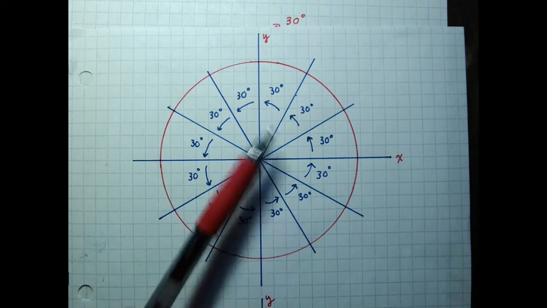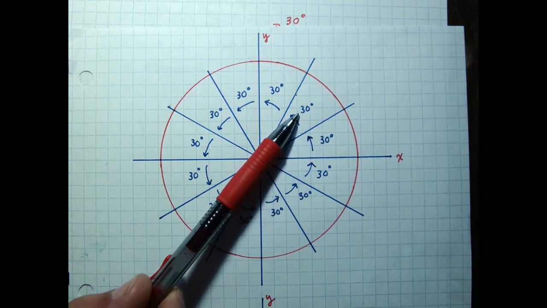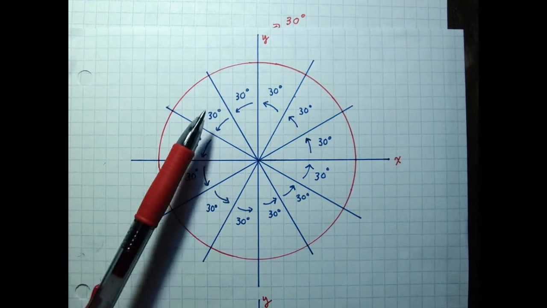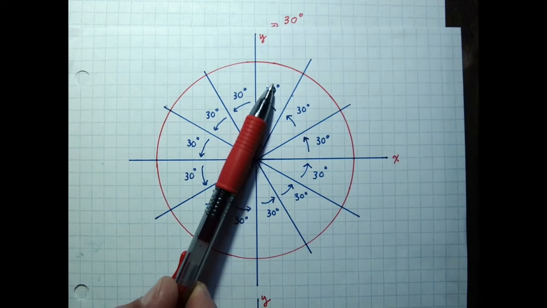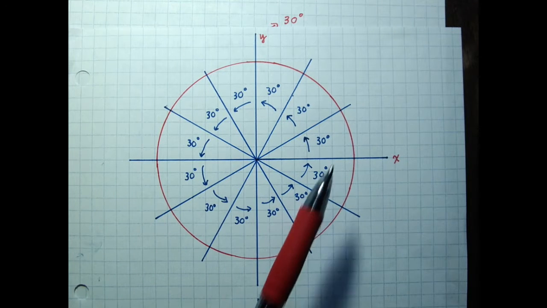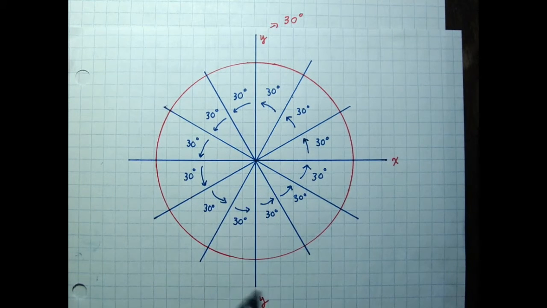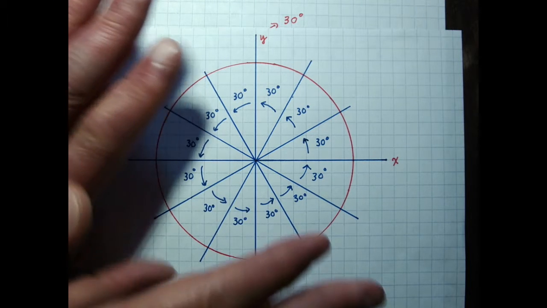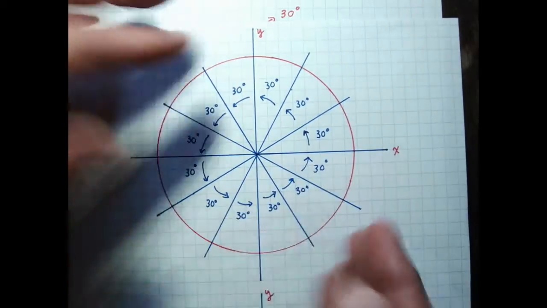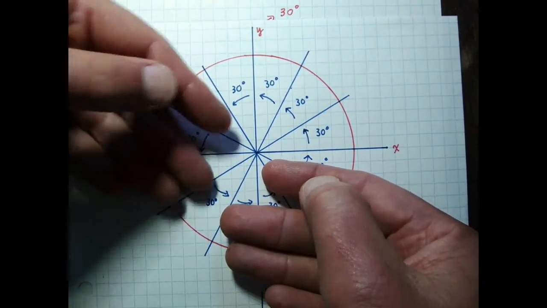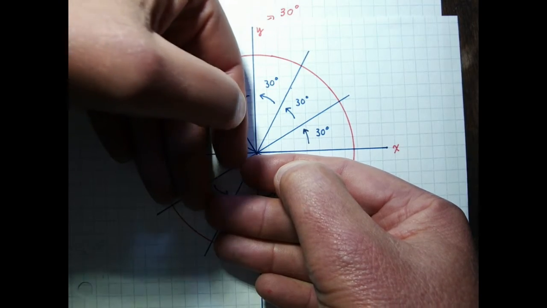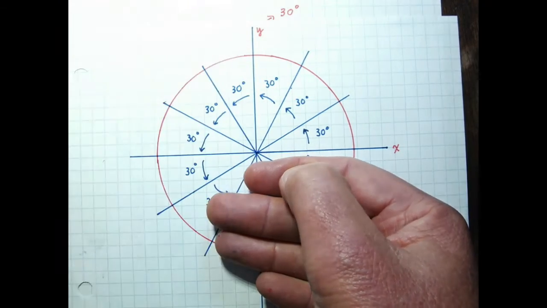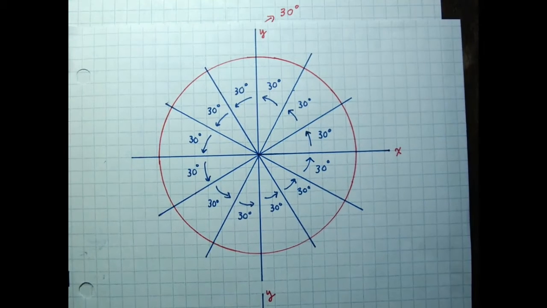So you can add as you go around: 30, 60, 90, 120, 150, 180, etc. 12 copies of 30 degrees gives us 360. When you slice this standard position picture into 30 degrees, notice that each quadrant has 3 copies of 30 degrees. So there's 3 in the first, 3 in the second, and so on.